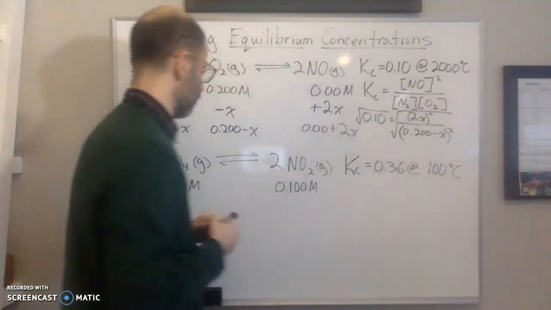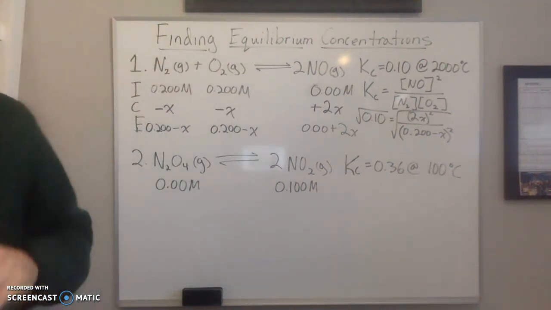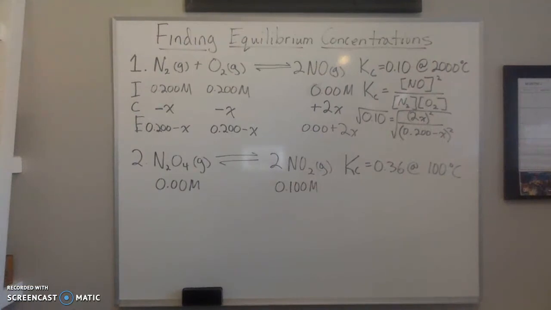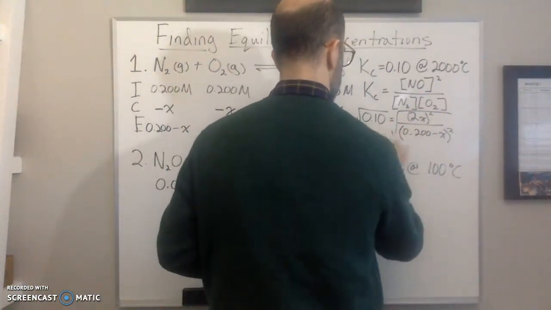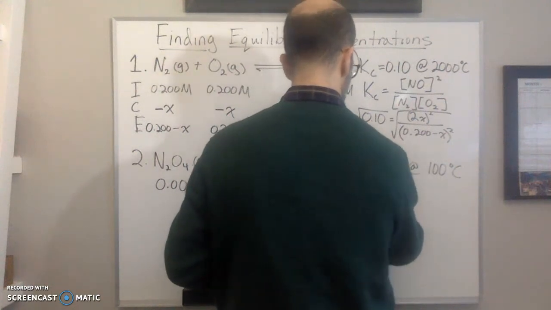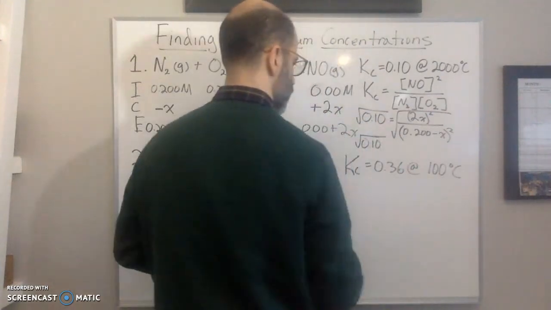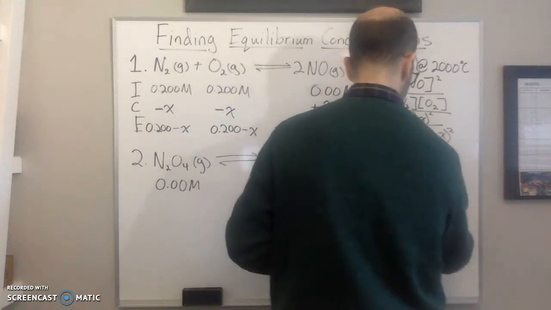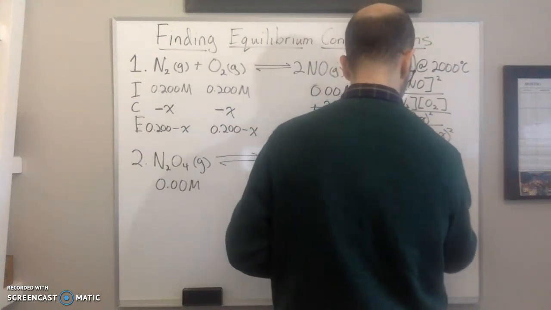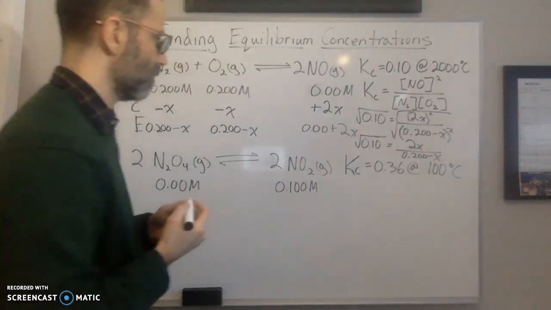So then what we do is we take the square root, so it's going to be the square root of 0.10 is equal to 2x over 0.200 minus x.